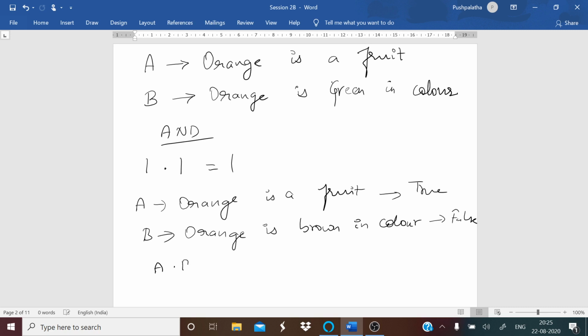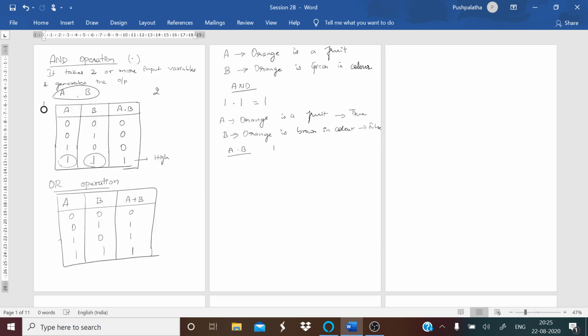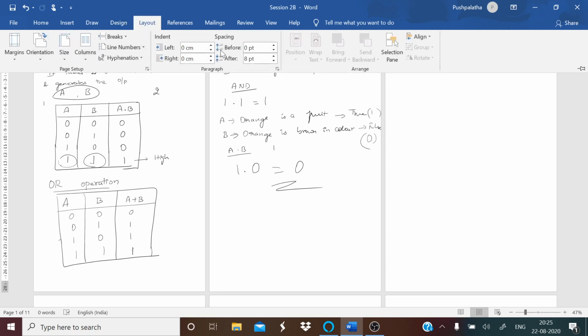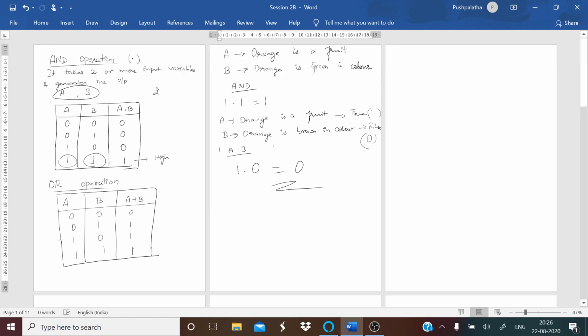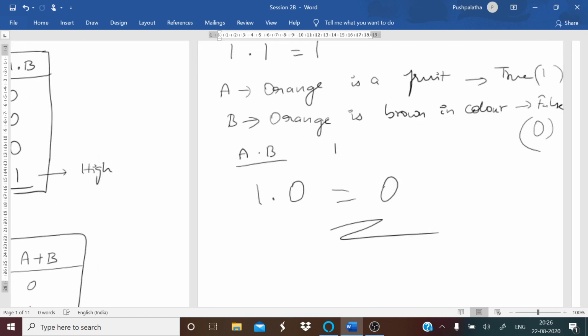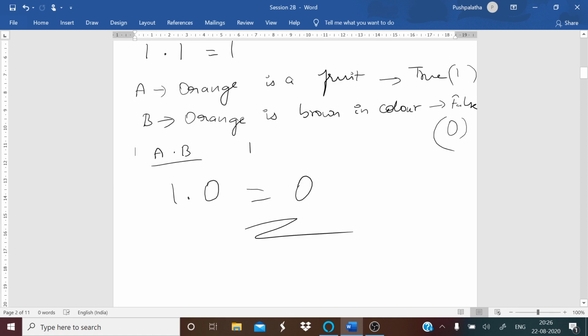So A dot B: A is true, that means 1, and B is 0. 1 into 0 will be 0. So this is how your AND operation works. 1 into 0 is 0.